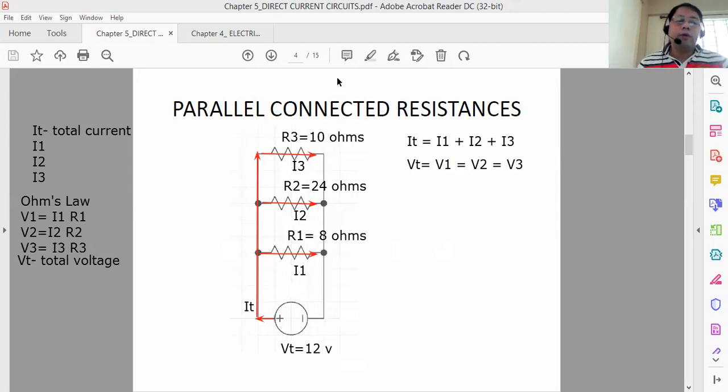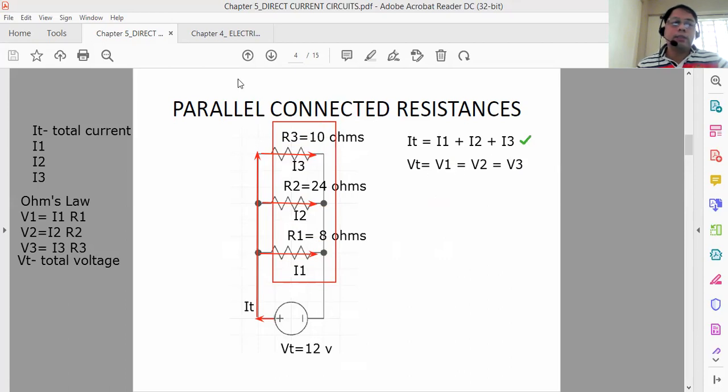So what if now we combine our circuit and we add all these three resistances together? How do we add them? Now again, if we look at the first principle of current, we notice that the currents are added together.